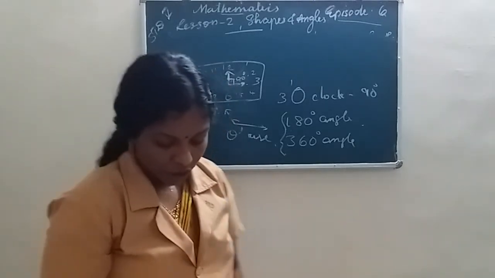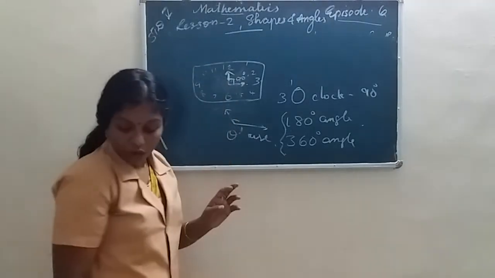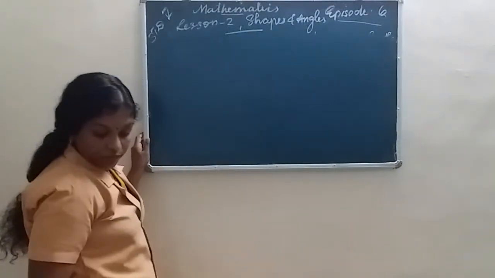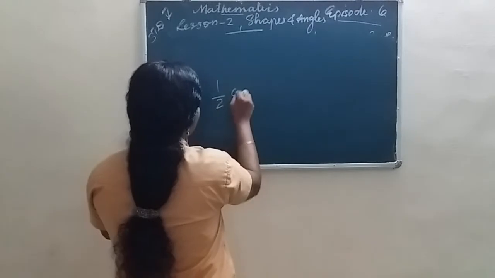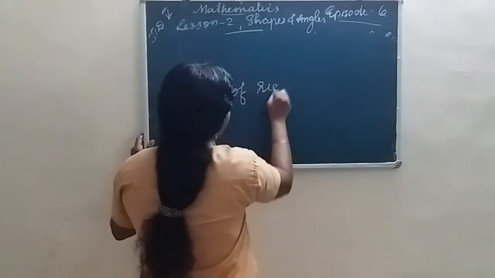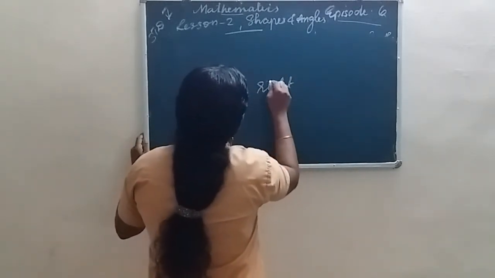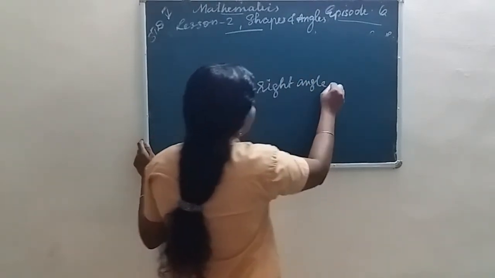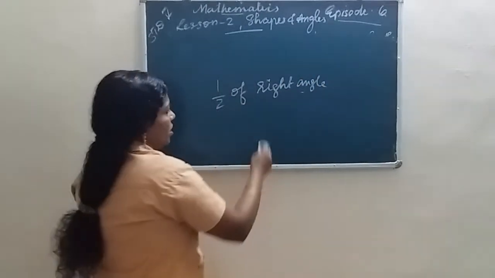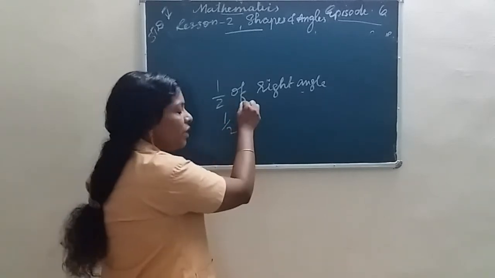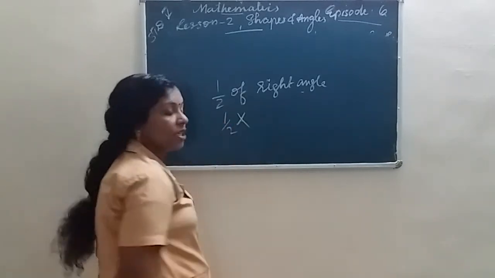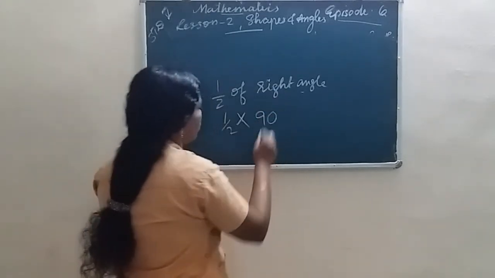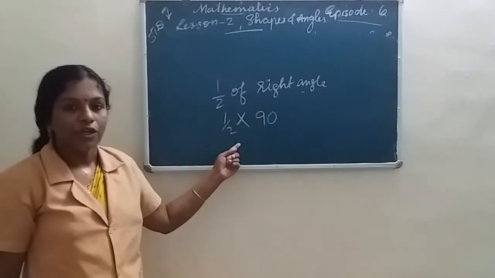Next, you want to find out 1/2 of a right angle. You know that a right angle is 90 degree. So 1/2 of means into. Of means into. So 1/2 into 90 degree.